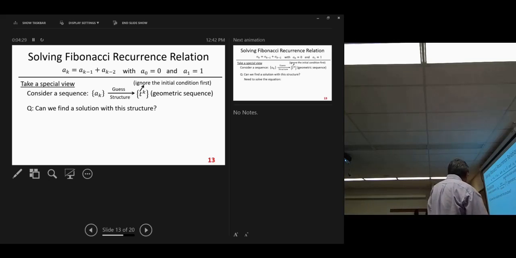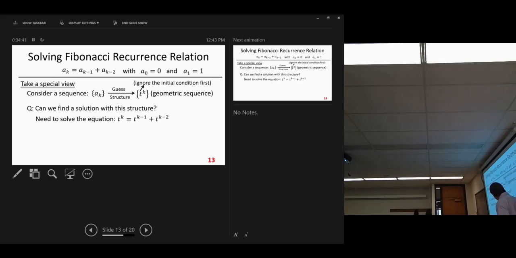Question: can we find a solution with this structure? That's easy. Let's just plug in and see what happens. We need to solve this equation if we plug in. After cancellation and simplification, we get t squared equals t plus 1.